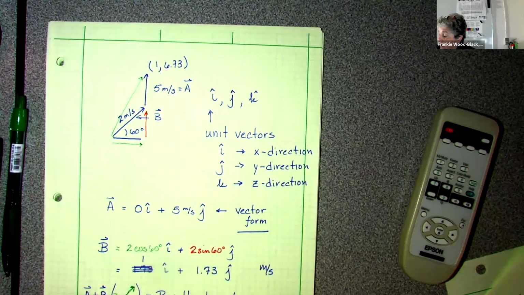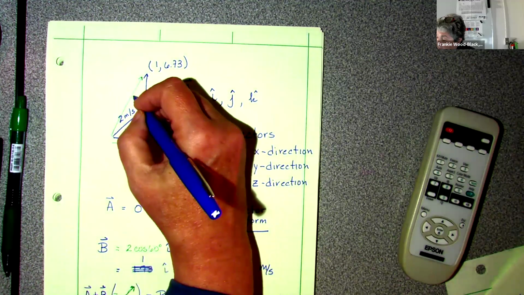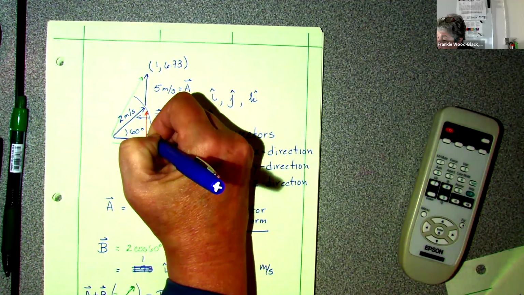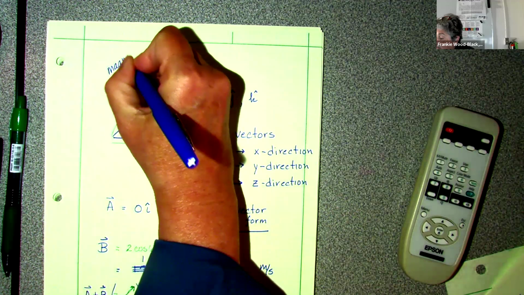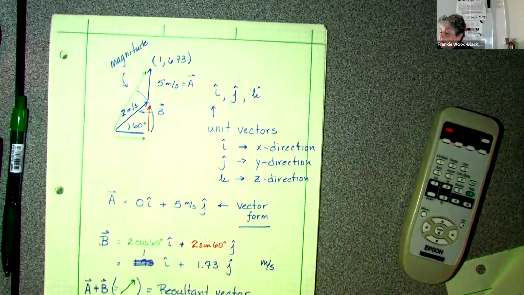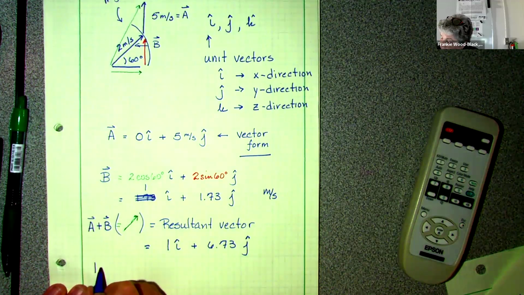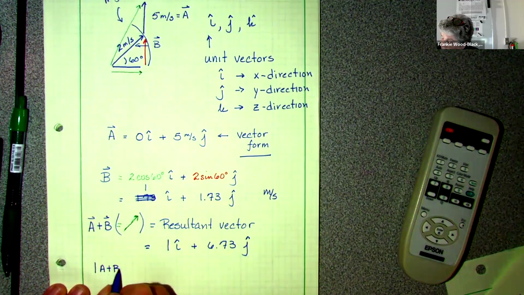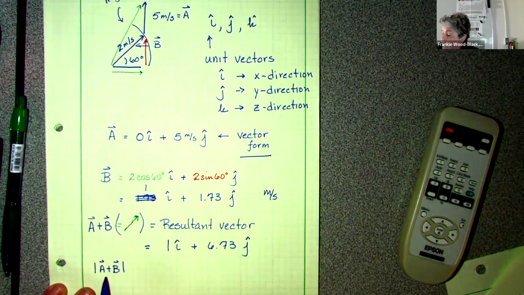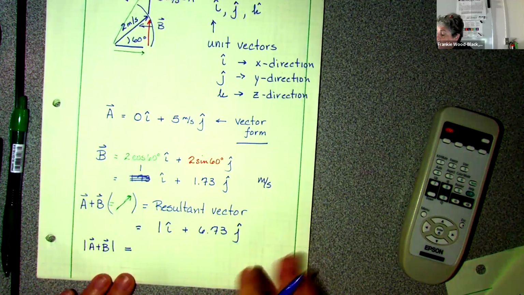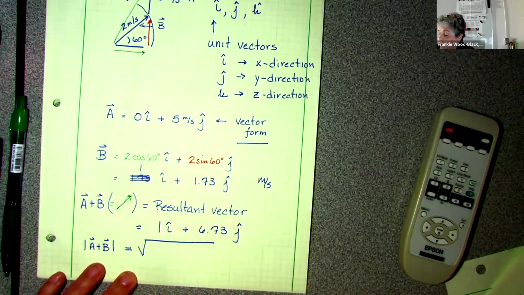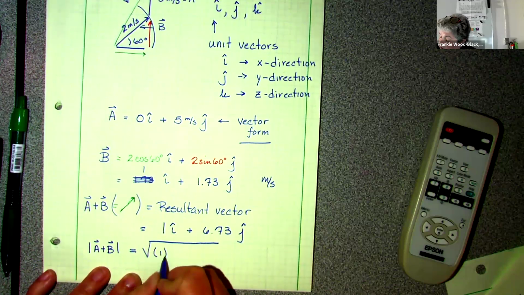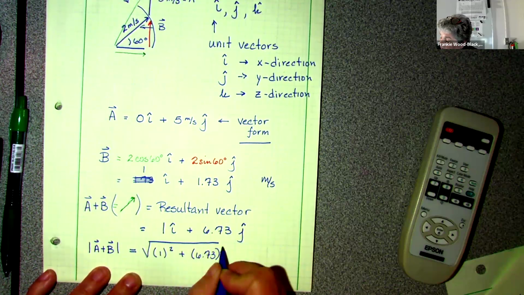But maybe I don't want it in this kind of configuration. Maybe I do want to have this angle and I want to know the magnitude. Well, the magnitude of my resultant vector, and I represent it mathematically by using that absolute value, is going to equal my a squared plus b squared is equal to c squared, but my a squared in this case is 1 squared plus my 6.73 squared.